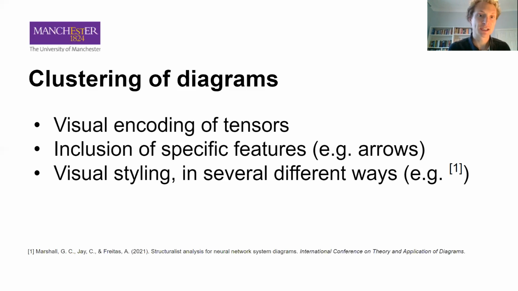We also looked at inclusion of specific features, so whether it had arrows, whether it had boxes, whether there were inputs and outputs displayed, these kinds of things. And again, that didn't provide any particular insights. And we looked at visual styling.